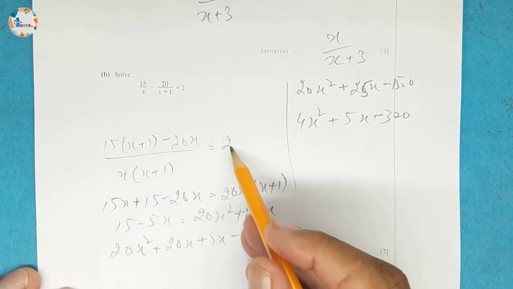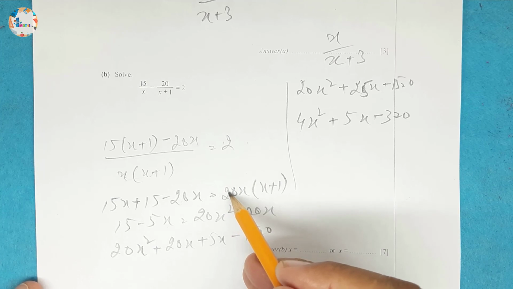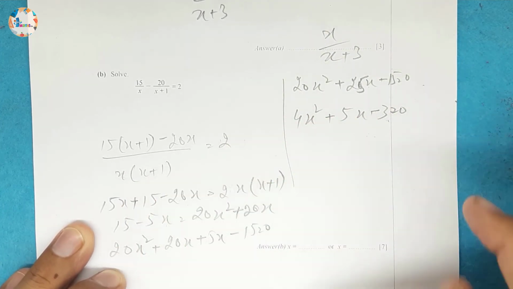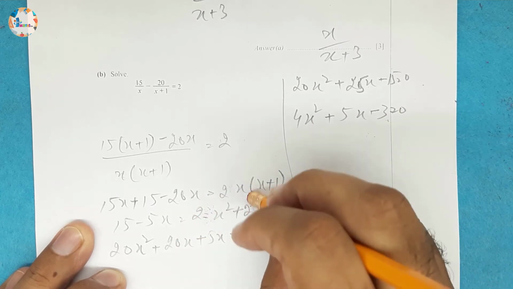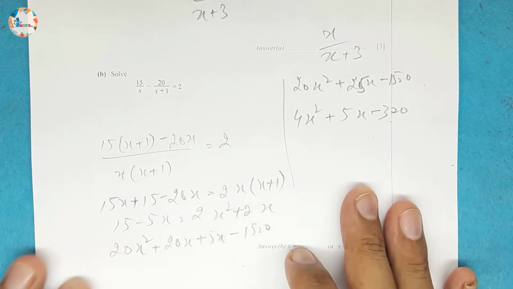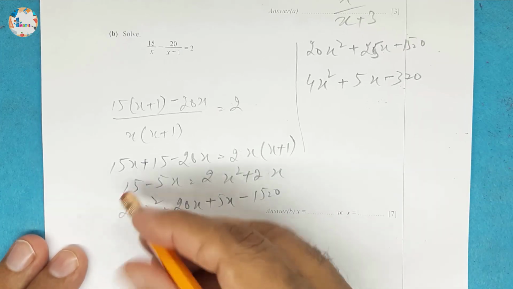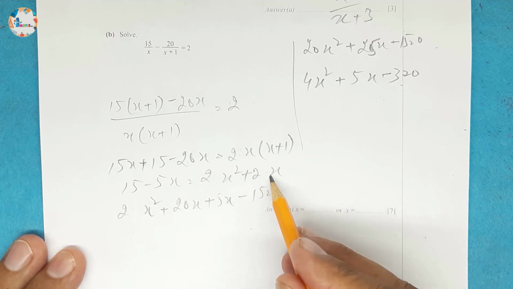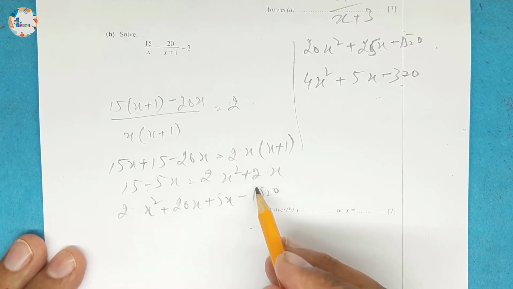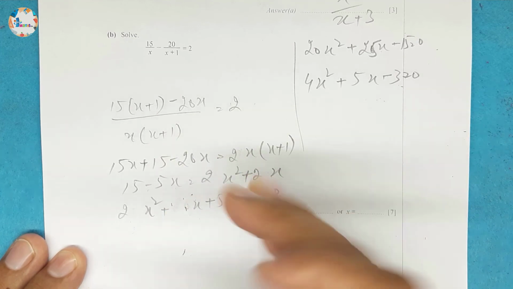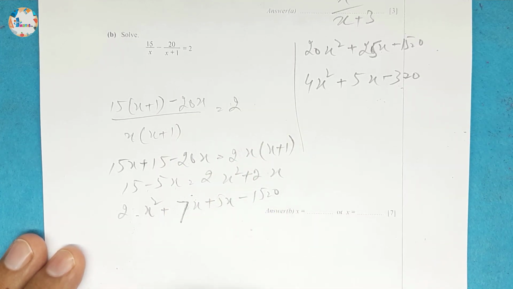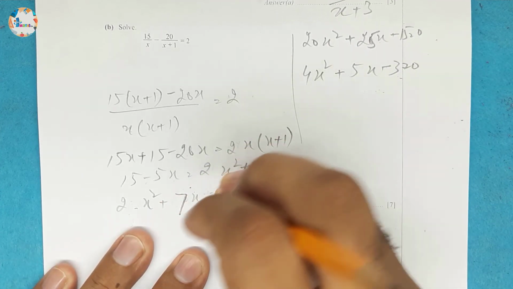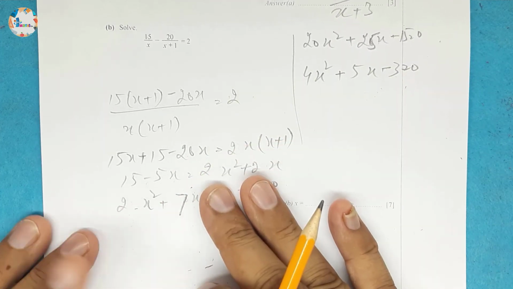So basically when we have shifted this to this side, it should be 2x, not 20x. So this is 2x, so it will also be 2x squared and 2x, and when we shift this, this will be 2x squared and 2x plus 5x will be 7x, so here will be 7x, and this will be gone, 7x minus 15 is equal to 0.